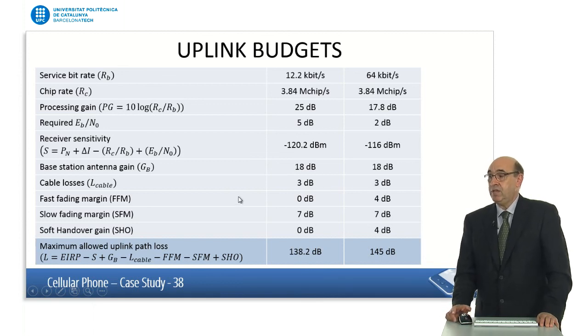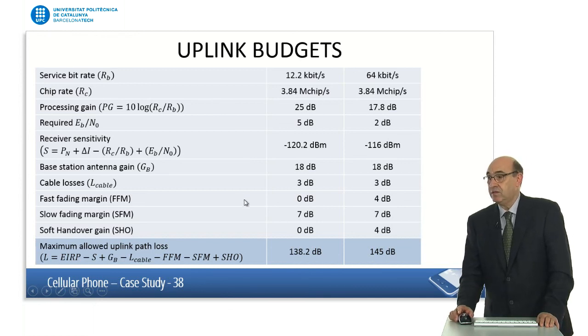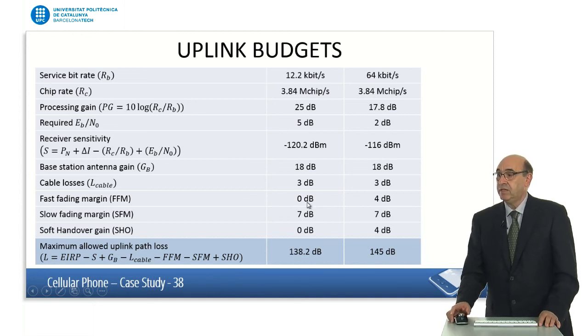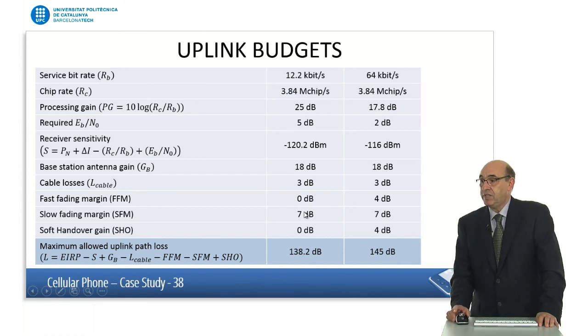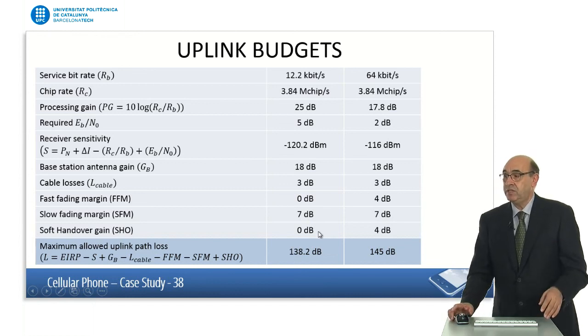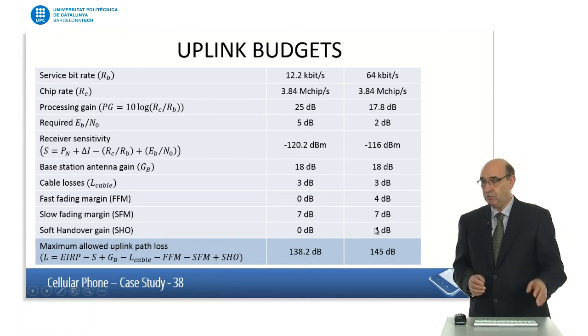And then we have to incorporate the margins. On one side, we have the fast fading margin for the data connection. No margin, we are taking no margin for the car case. For the slow fading case, we take 7 dBs. We have to contemplate that on the highway, you probably are connected just to a single base station, but in the city, maybe you are connected to more than one.